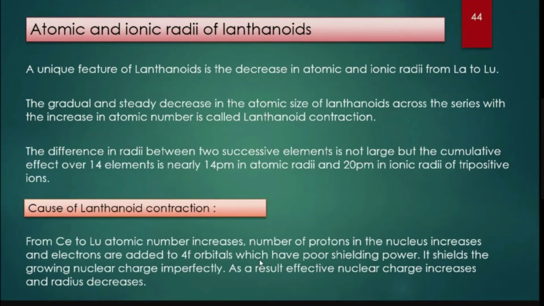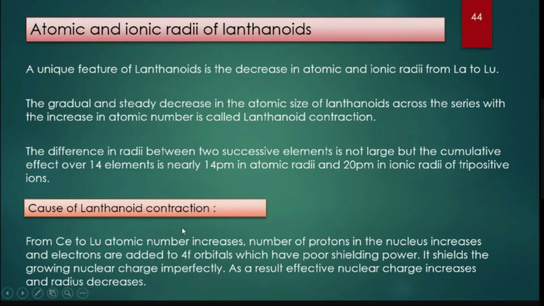As a result, it shields the growing nuclear charge imperfectly, and the effective nuclear charge increases. That means the force of attraction exerted by the nucleus on the electrons present in the 4f orbital increases.